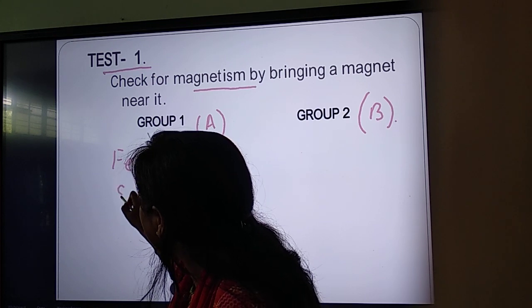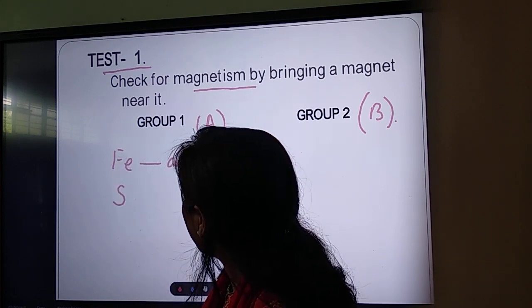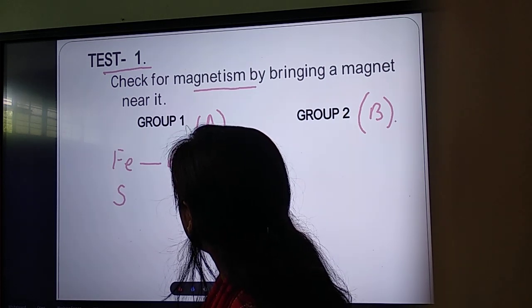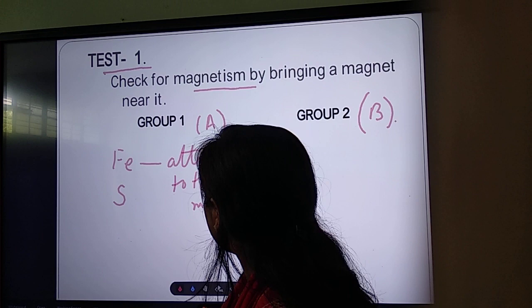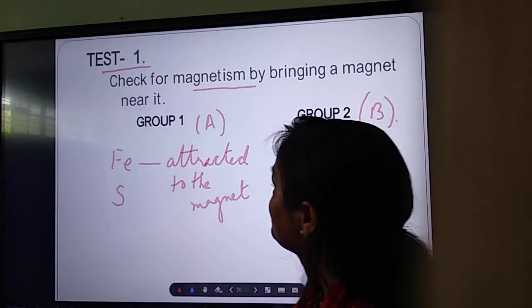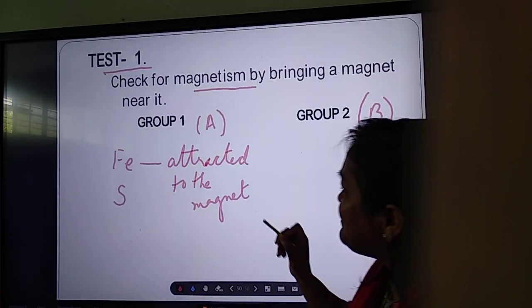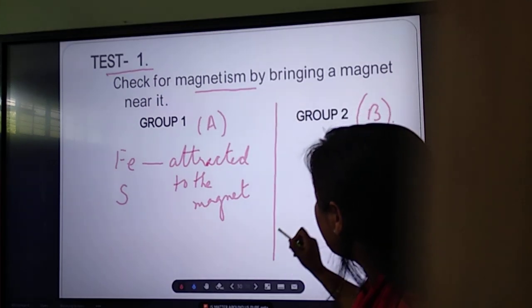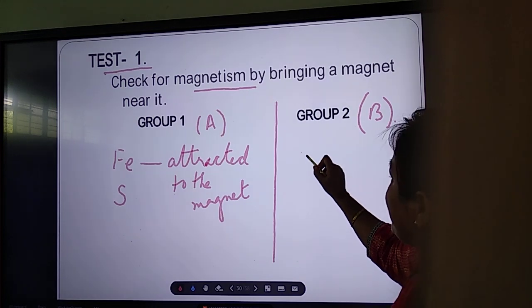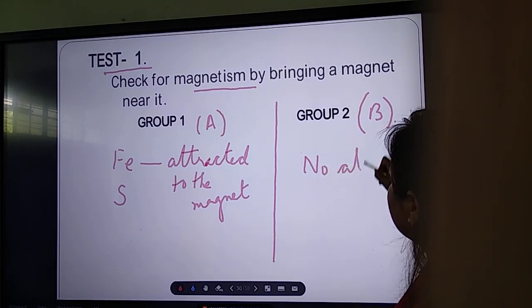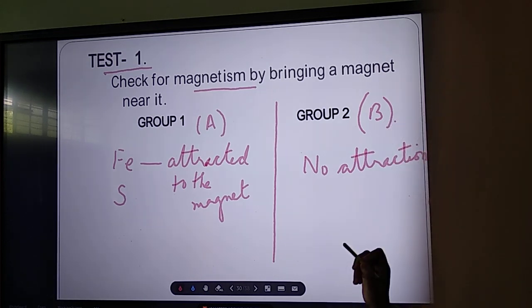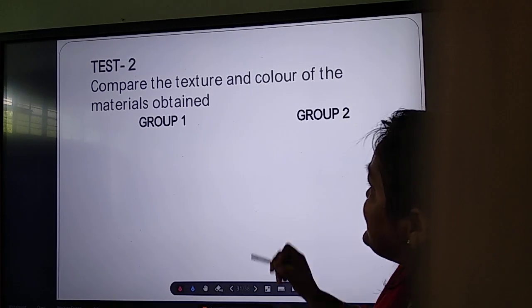The mixture was iron filings and sulfur powder, so the iron will be attracted to the magnet, and the sulfur powder will not be attracted. You know the reason? Because iron is a magnetic material. In case of group 2, no particles will be attracted towards the magnet. Why? We will discuss.